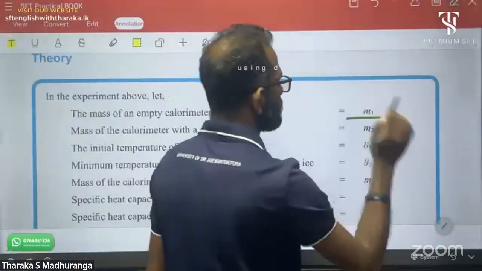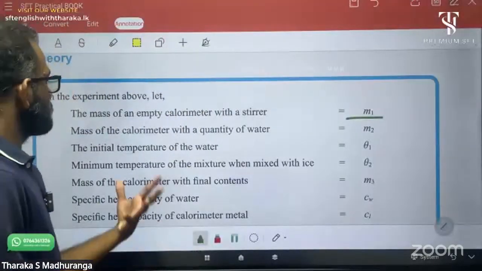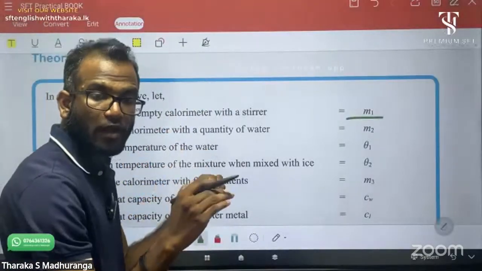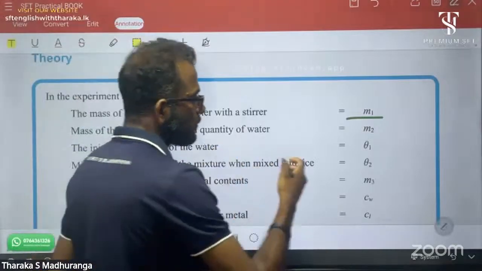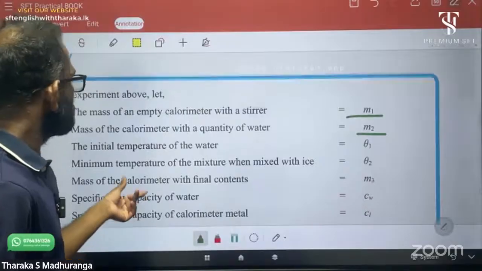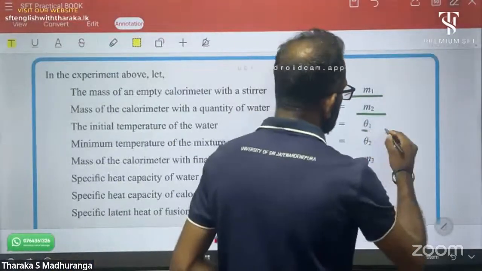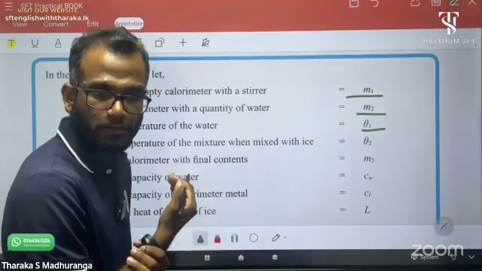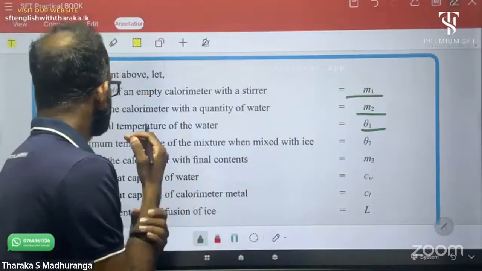Okay, it is M1, right? Then add half a calorimeter of water and measure the mass, it is M2. And measure the initial temperature, theta 1. Same as previous.